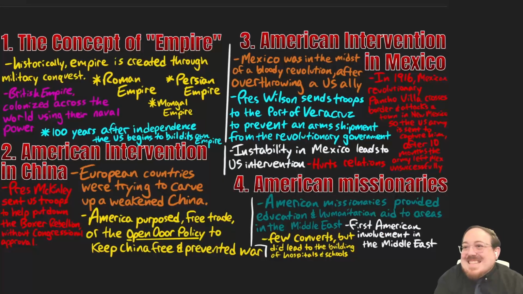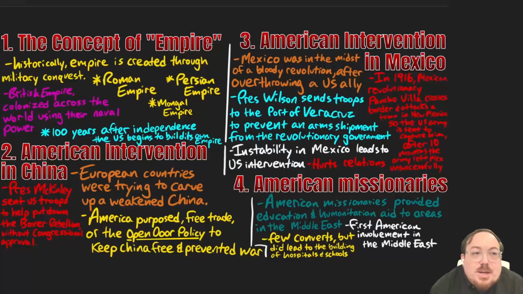So, what is an empire? An empire is simply one country controlling another. There's a lot of empires in history. Probably the most famous, of course, is the Roman Empire, but there's also the Persian Empire, Alexander the Great's empire, the Mongol Empire, which was at one time the largest empire, is still the largest land empire in our history.